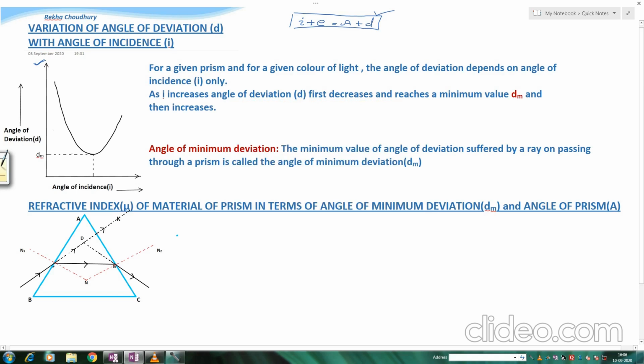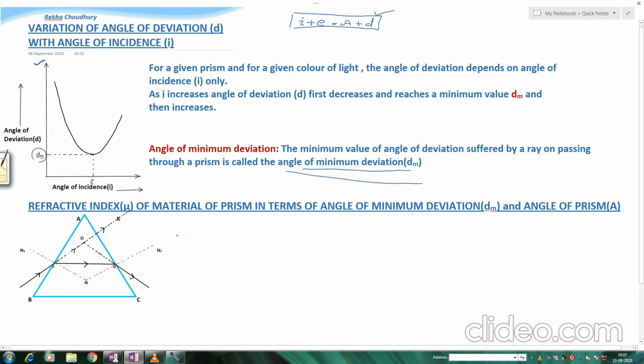Now this is the minimum angle of deviation dm, and the corresponding angle of incidence is i, suppose. So which is the angle of minimum deviation? The minimum value of angle of deviation suffered by a ray on passing through a prism is called angle of minimum deviation. See, this one is the minimum angle of deviation.